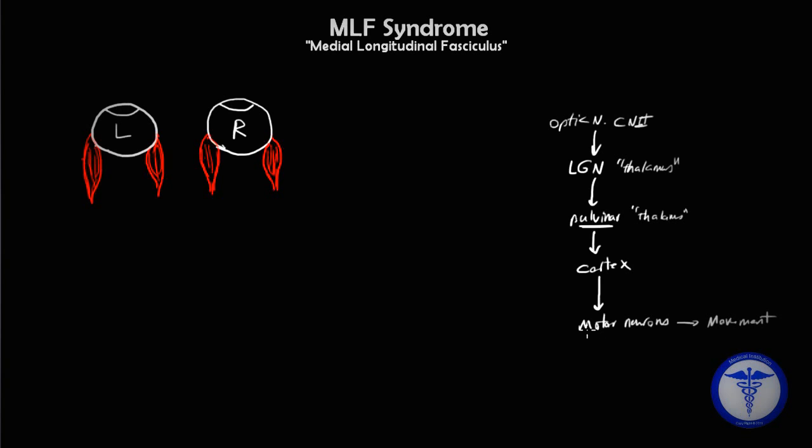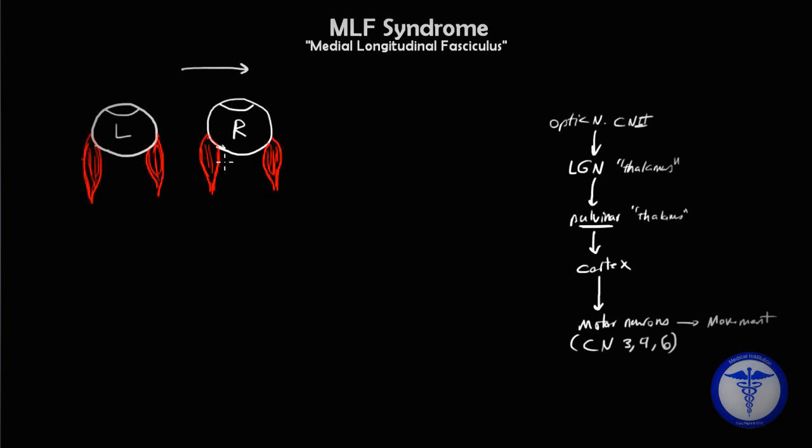Okay, and the motor neurons that work specifically on the eyes are cranial nerve 3, 4, and 6. So now let's just assume that our patient is trying to look to the right. Okay, he heard a sound or something. He's trying to look to the right, and this is the patient's left eye, this is the patient's right eye.